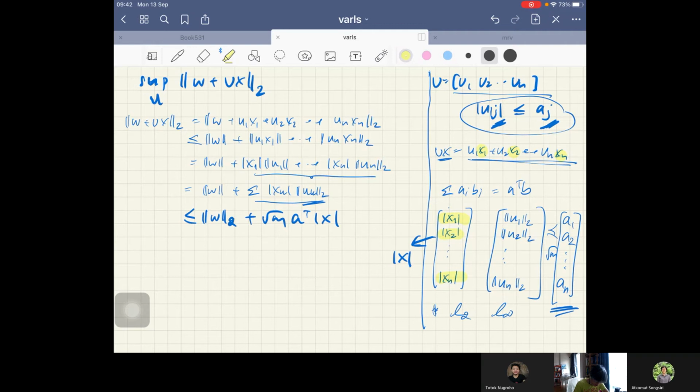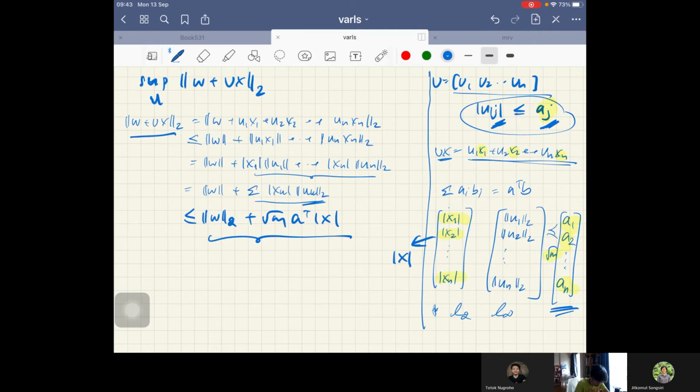So the bound here is given by the vector a, which contains a_j. It can be shown that this is an upper bound of the worst case norm.